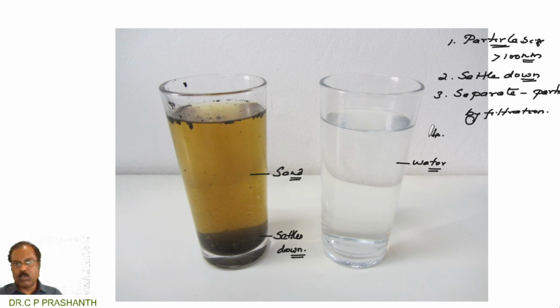And what kind of mixture is it? Homogeneous or heterogeneous? That's very easy to understand. It is heterogeneous, because the composition will not be the same throughout. Any other observation? Is it transparent or translucent or opaque?